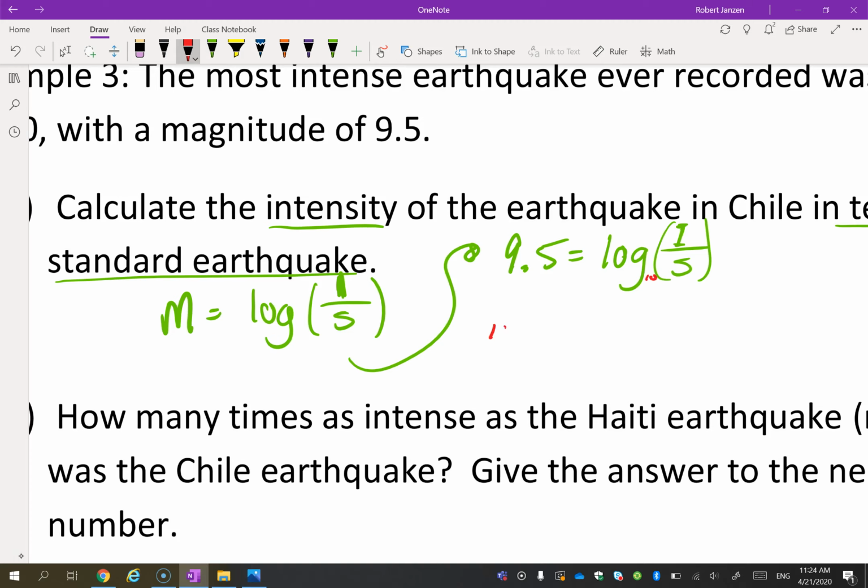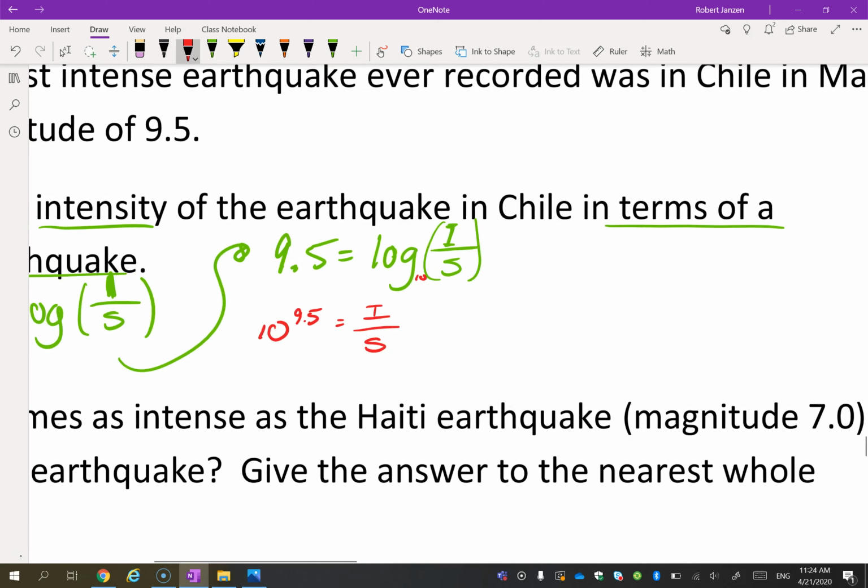So I can write 10 to the power of 9.5 equals I over S. And if I want to get I by itself, I'm going to multiply both sides by S. So what this means is the intensity of that earthquake is 10 to the power of 9.5 times as strong as a standard earthquake, whatever that might be.